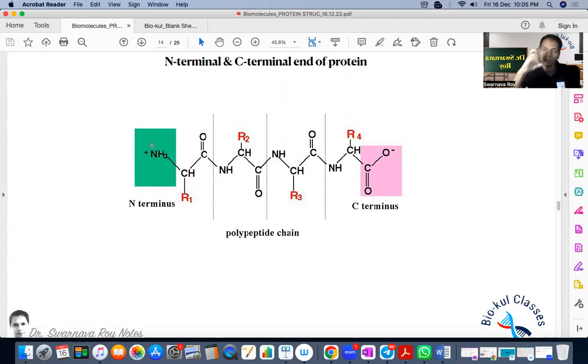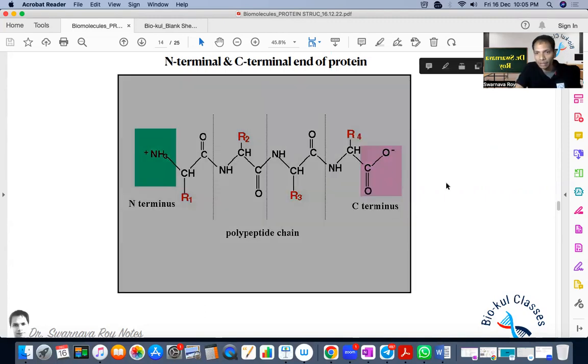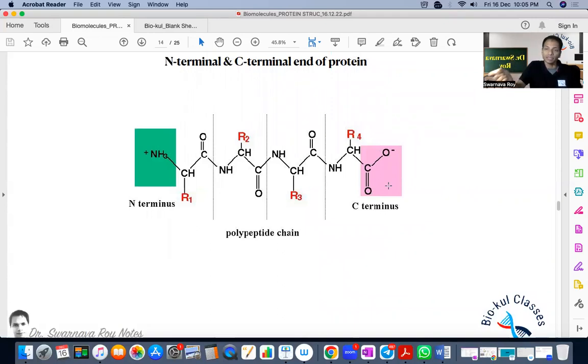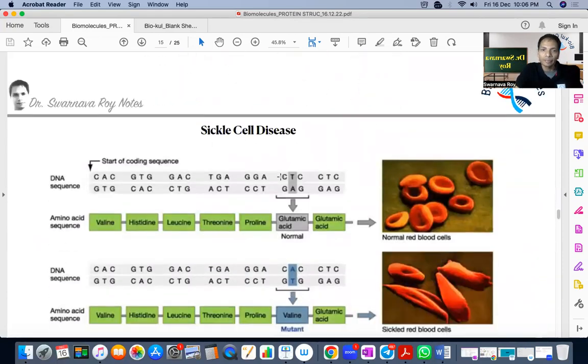This green patch here is the N terminus of a protein, and this pink box shows the carboxy terminus. If you keep joining amino acids, at the end of this long polypeptide, on the left side you will see the N terminus, and at the end, the carboxy terminus. Very, very important to understand this concept.